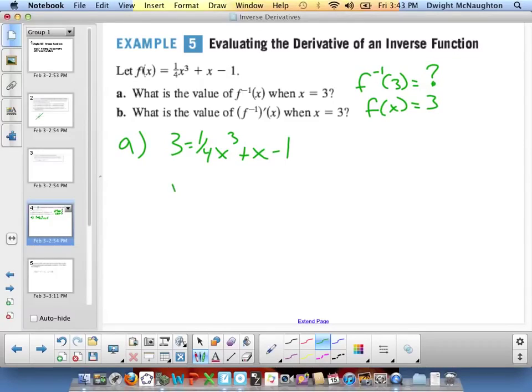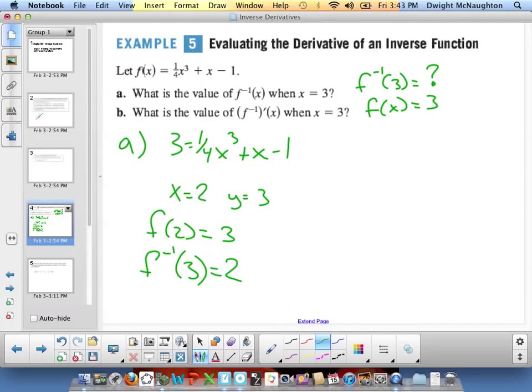When x is 2, y is 3. So when our function is 2, the value is 3. Vice versa, when our inverse is evaluated at 3, the y value is 2. So what is the value of f inverse when x is 3? Well, 2, because when the function is 3, x is 2.